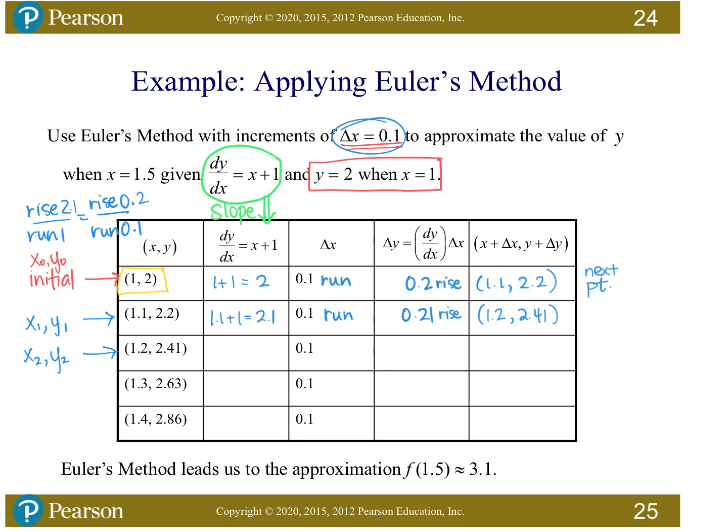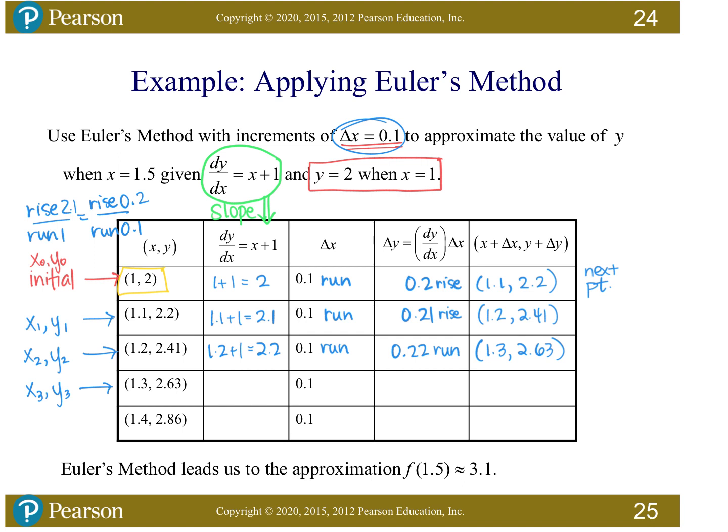I'm at 1.2 and 2.41. Now what will the slope be? Well, it'll be 1.2 plus 1, 2.2. So my run is 0.1 to the right. My rise is 0.22. So I'll end up at 1.3 and then 2.63 if I add. That point becomes my x3, y3.